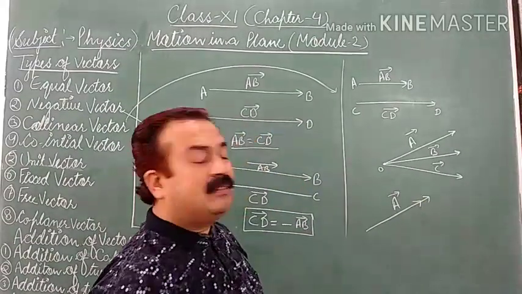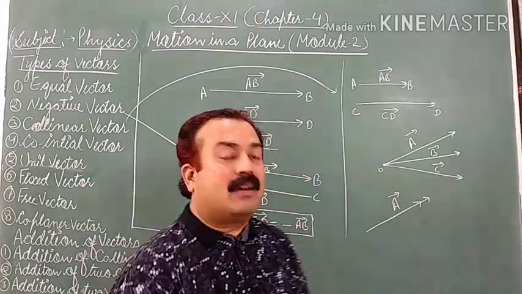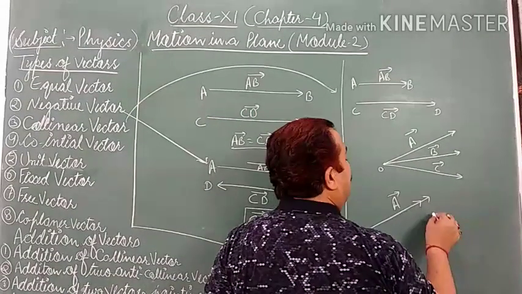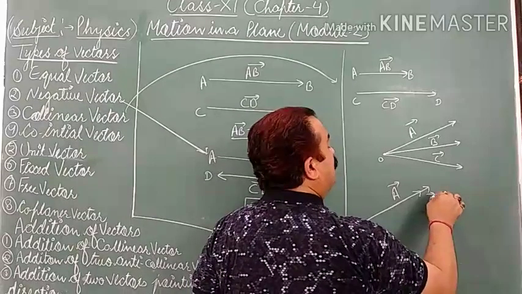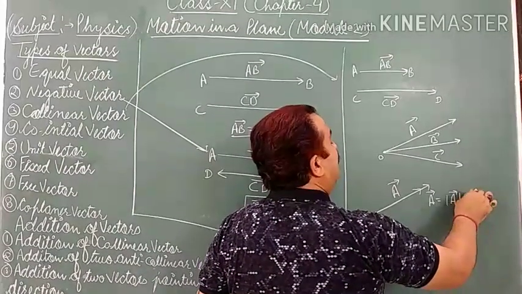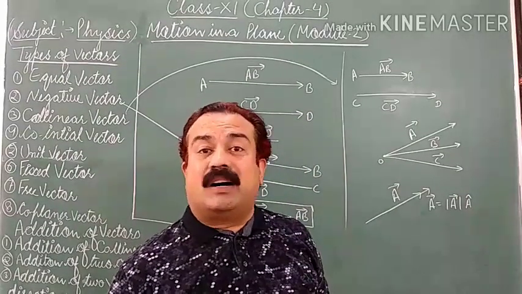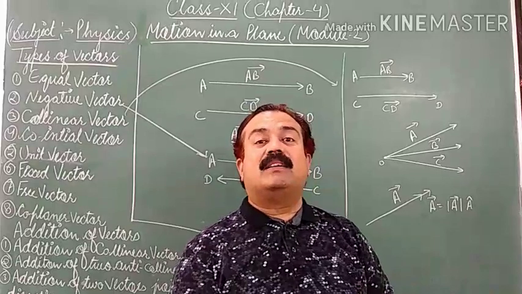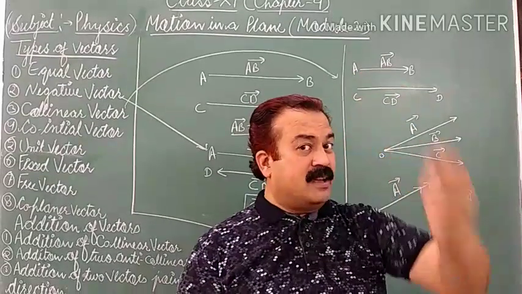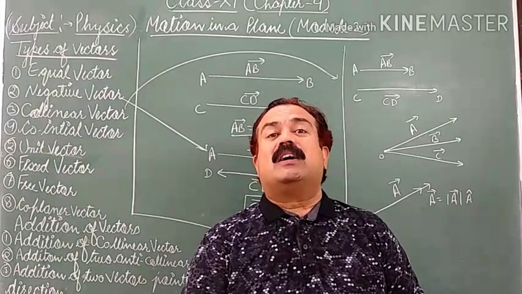If we want to know its unit vector, then we can write our vector as magnitude as well as direction, and direction is always represented by the cap sign. You put a cap on the vector, then it becomes a unit vector.